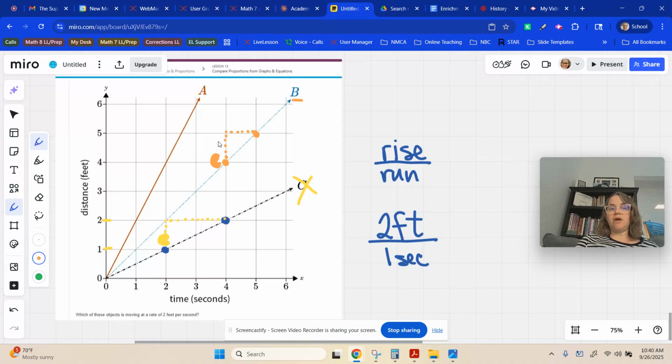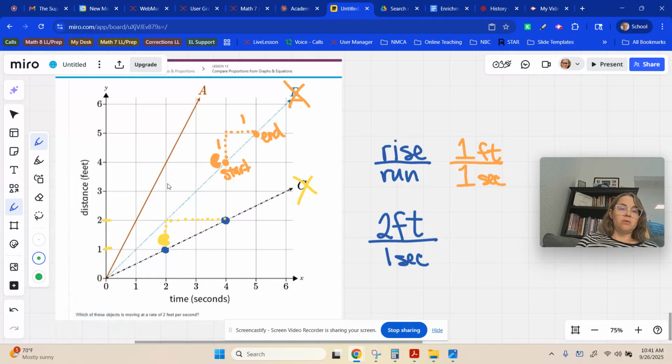Okay, and this looks like a rise of 1 foot and a run of 1 second. So Pac-Man, to get from this first point, this is his start, and this is his end, he's going to go up 1 foot and right 1 second. Well, that's not it. It's got to be choice A, but let's just check it to make sure.